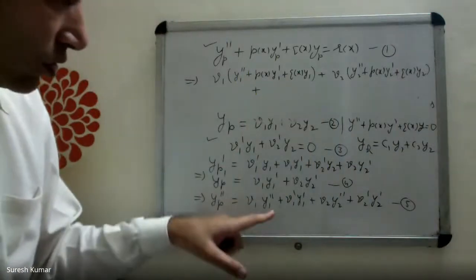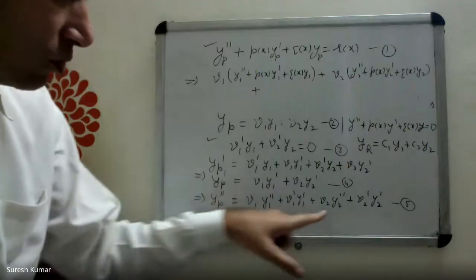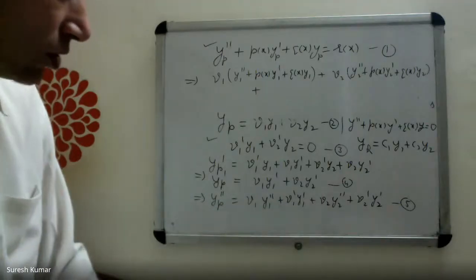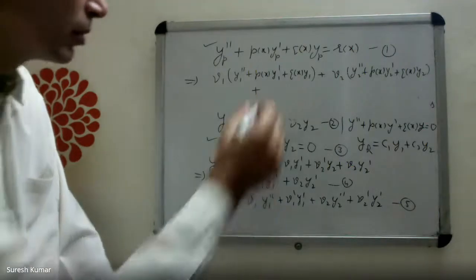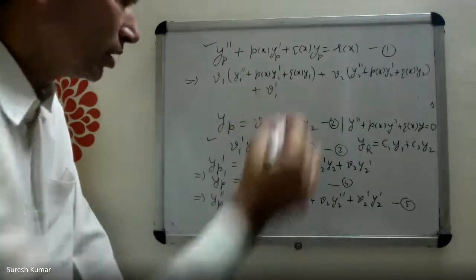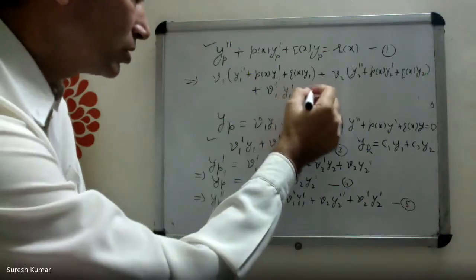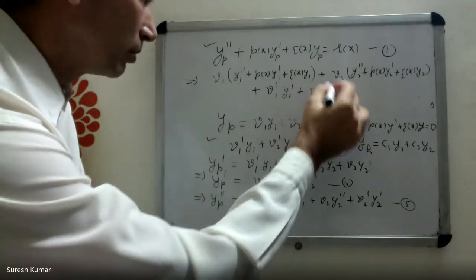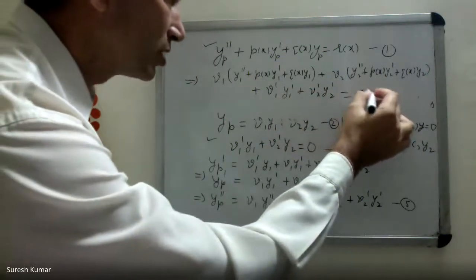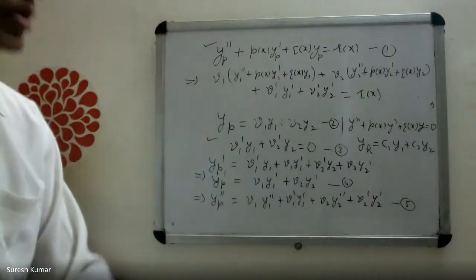There should be more terms with v1 prime and v2 prime. What are those? v1 prime y1 prime plus v2 prime y2 prime equal to rx. Is it fine?